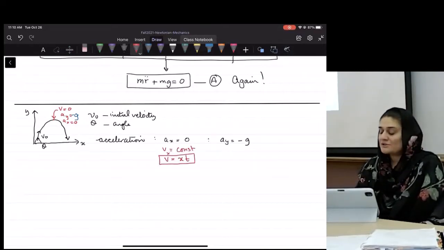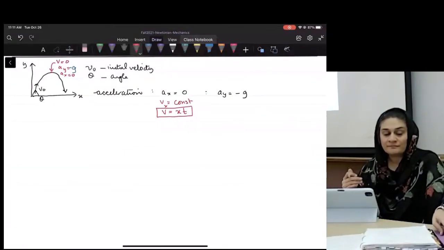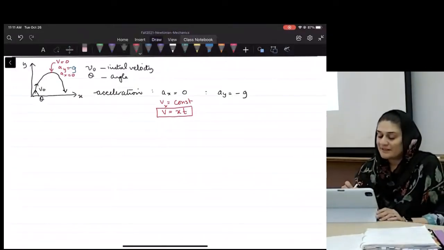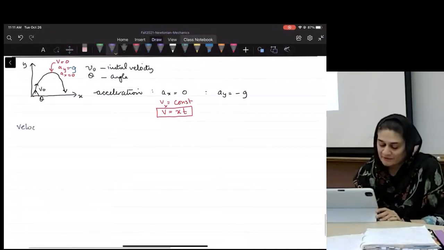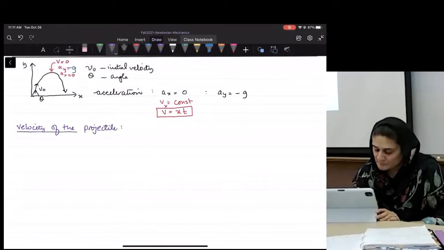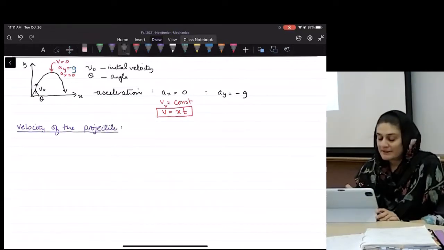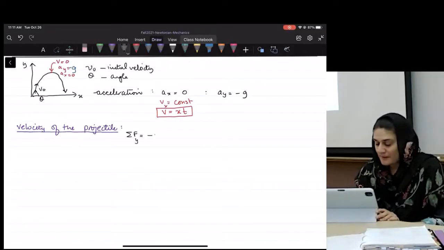Okay. So now let's try to derive our equations of motion. First of all, what will I get if I want to find the velocity of the projectile? May I write Newton's laws, sigma Fy equals minus mg and sigma Fx equals 0?